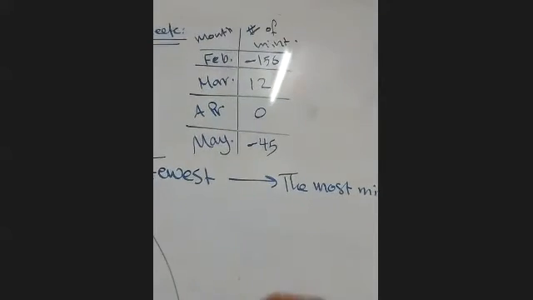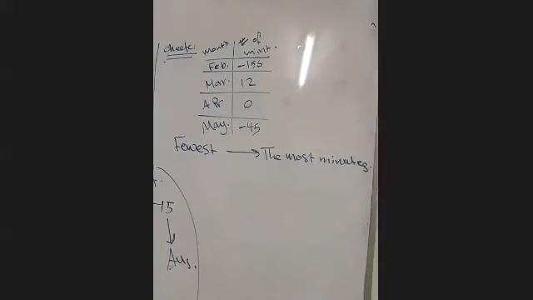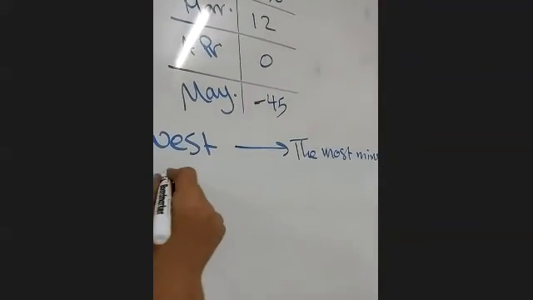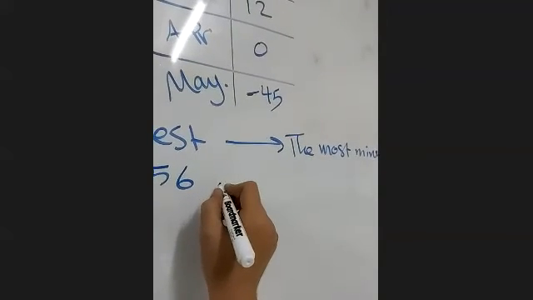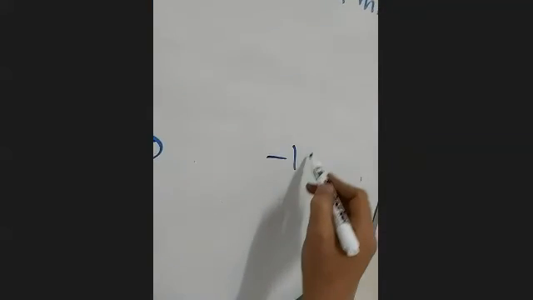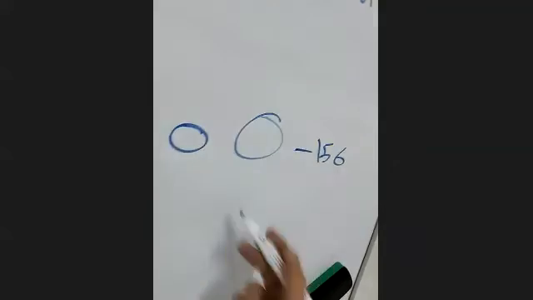Wait. Nidal, what is the fewest or the least integer between them? Negative 156. Amr, are you here? Which one is better? If you lose no money or if you lose 156 riyal, which one is better for you?